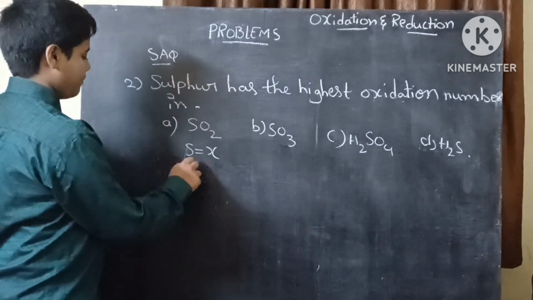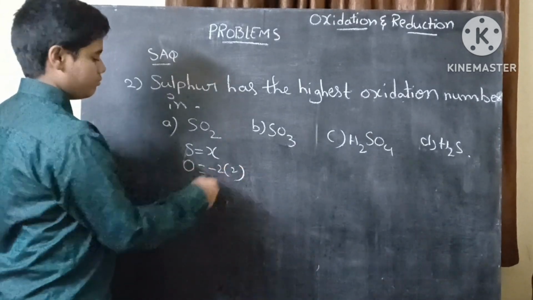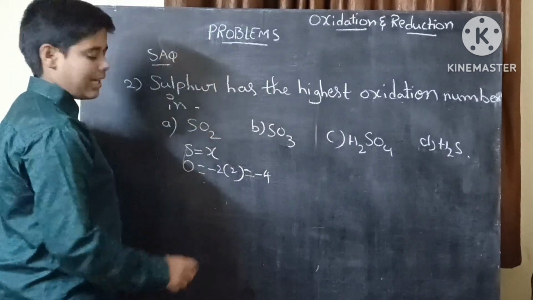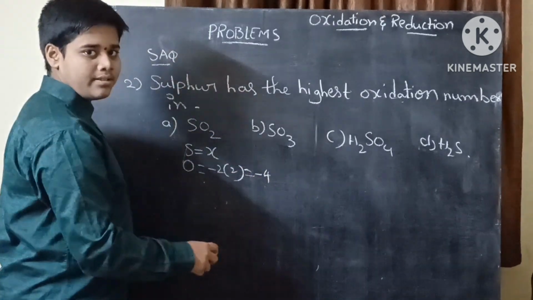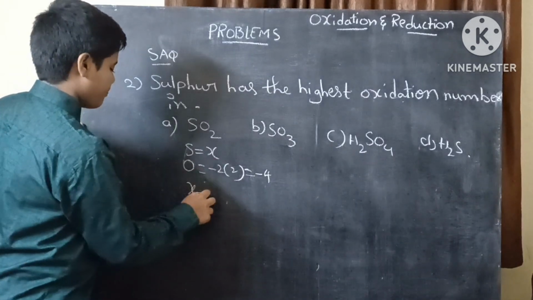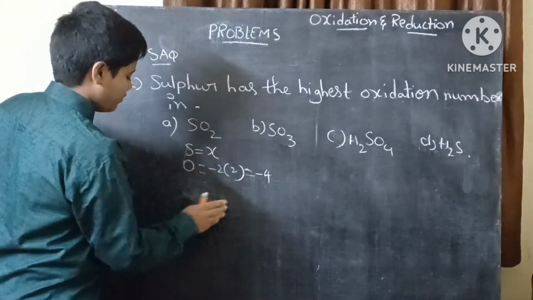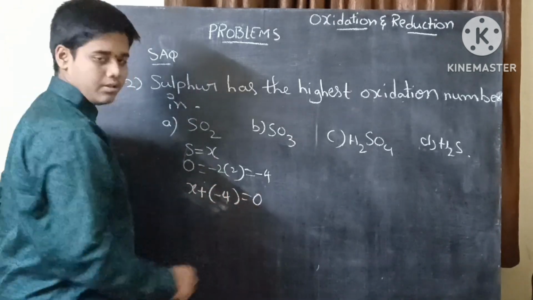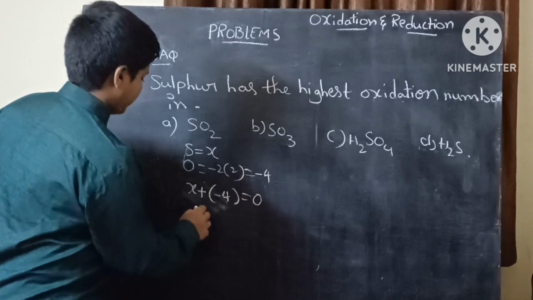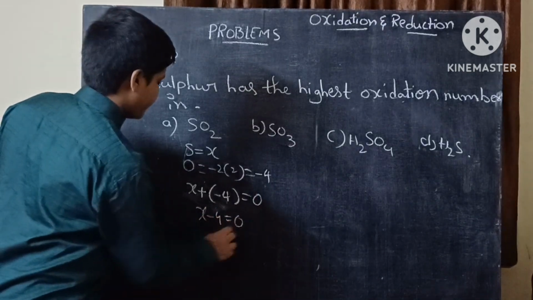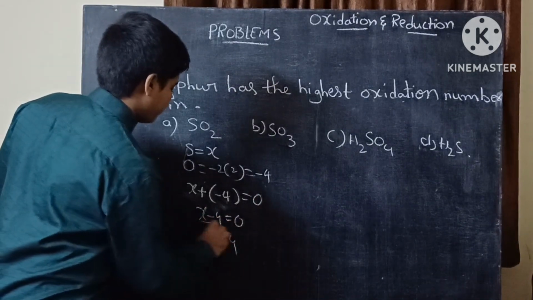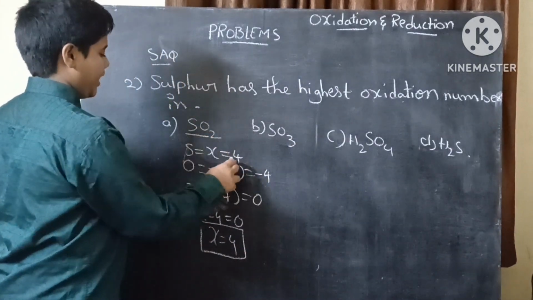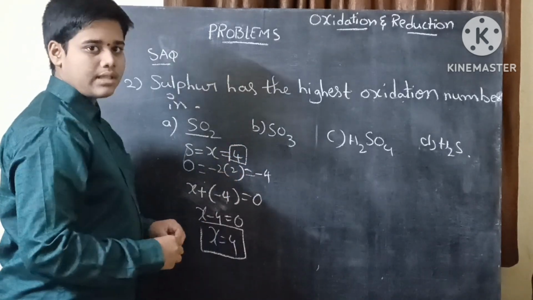There are 2 atoms, so minus 2 into 2 means minus 4. We add these and equate with 0: X minus 4 equals 0, so X equals 4. Option A has sulfur oxidation number 4.